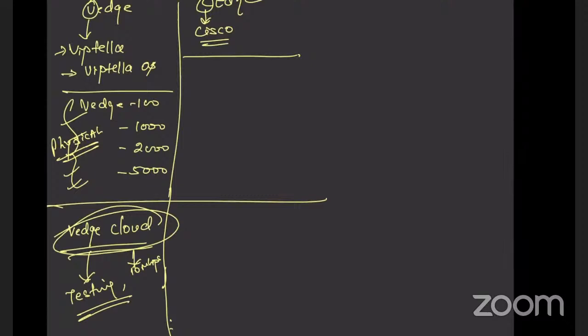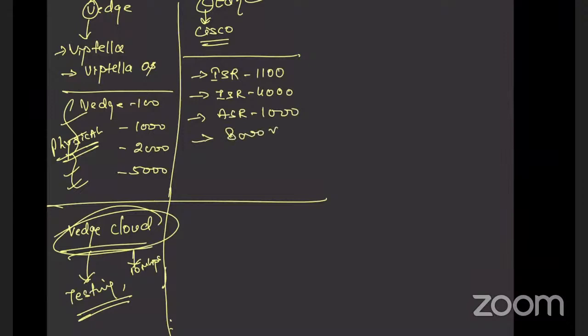Okay, so this is related to the Viptela family. Now if you talk about Cisco Edges, these models are gonna be supported in the Edge series. So ISR 1100 series, ISR 4000 series, ASR 1000 series. Okay, and there's a new 8000V series as well.